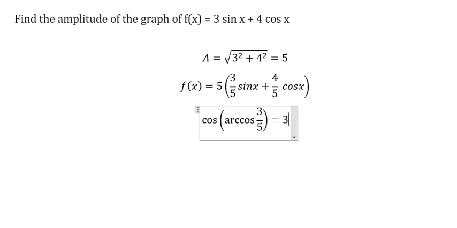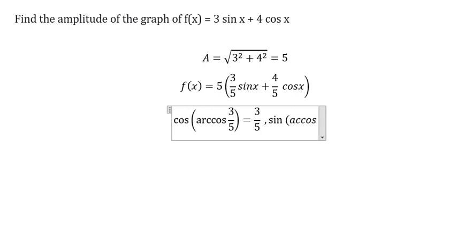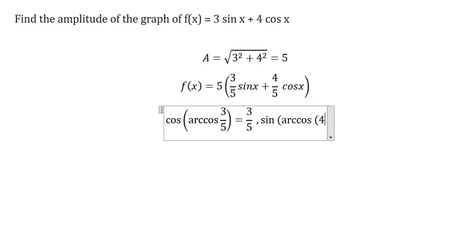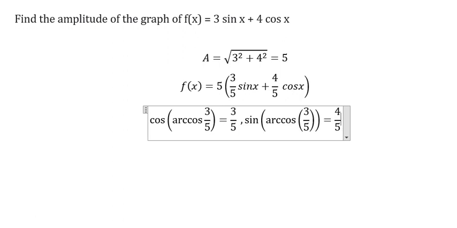This one we have sine of cosine 4 or 3 over 5, and this one that is about 4 over 5.